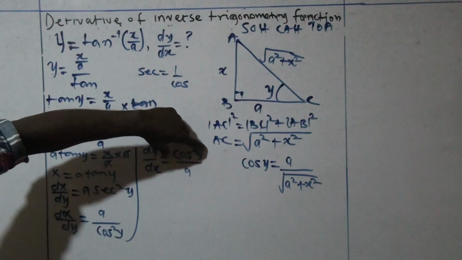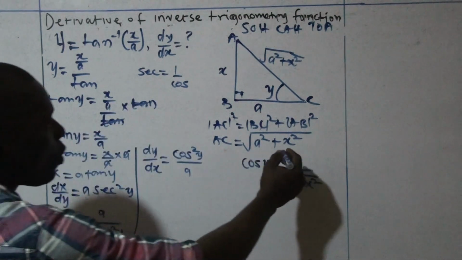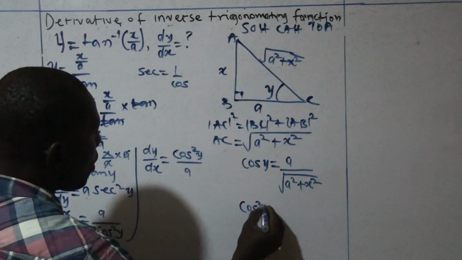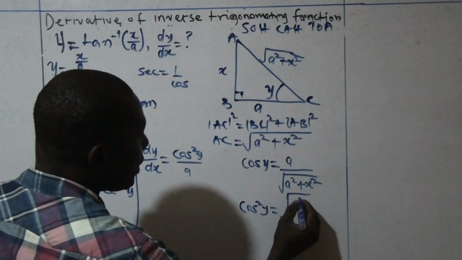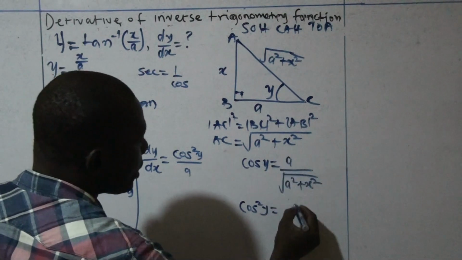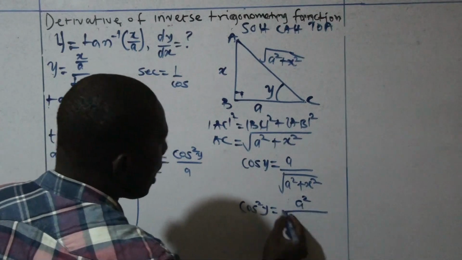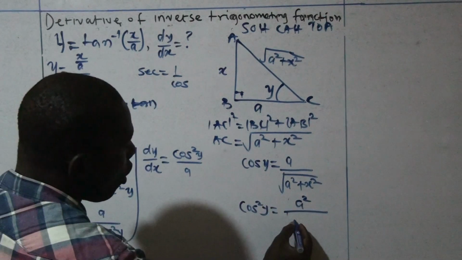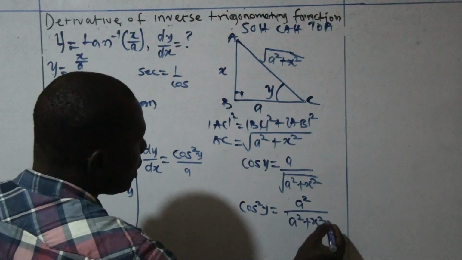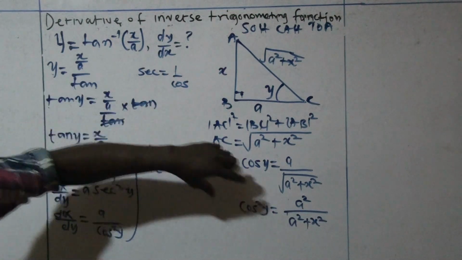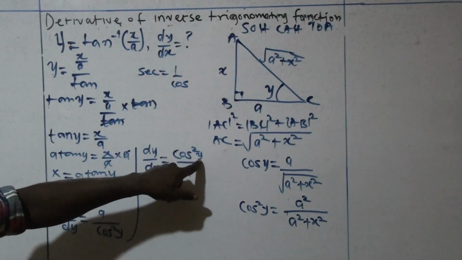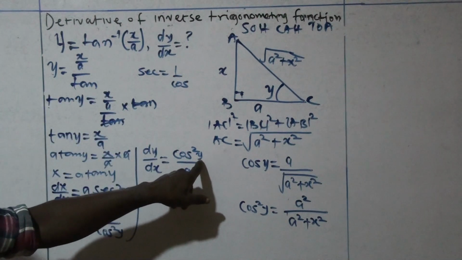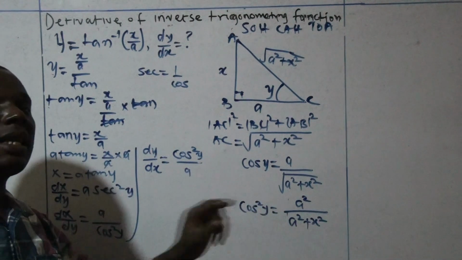Here we are having cos squared y, so we square this expression, and it becomes a squared over a squared plus x squared. We substitute this expression because we are looking for dy dx, so we don't want to see y here. All we want to see is x.